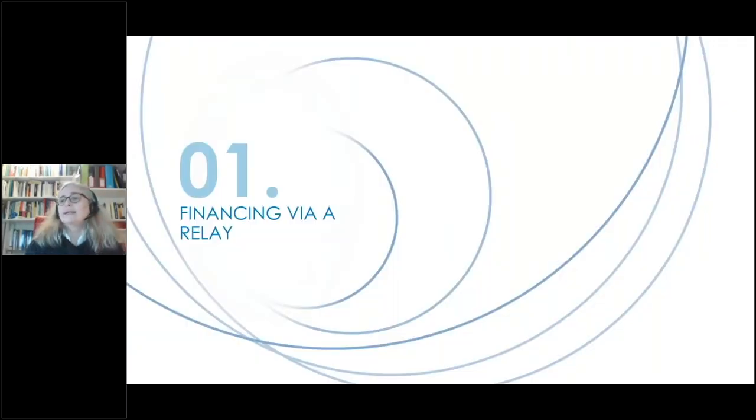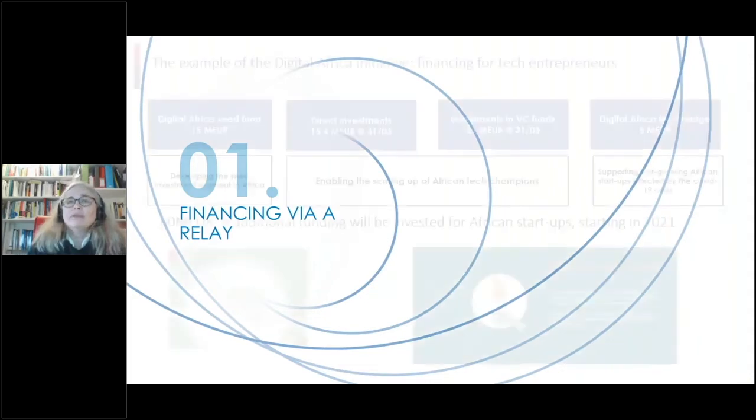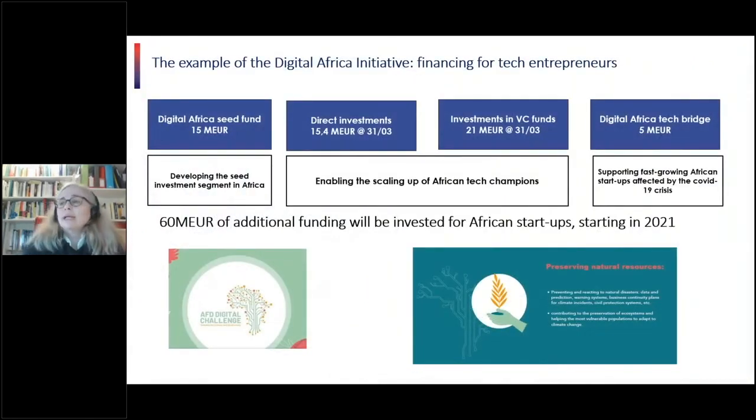The first channel consists in using an intermediate structure which will act as a relay between the project leader and us. It is a way we finance African startups: by financing investment funds that we use as relay to reach the startups.